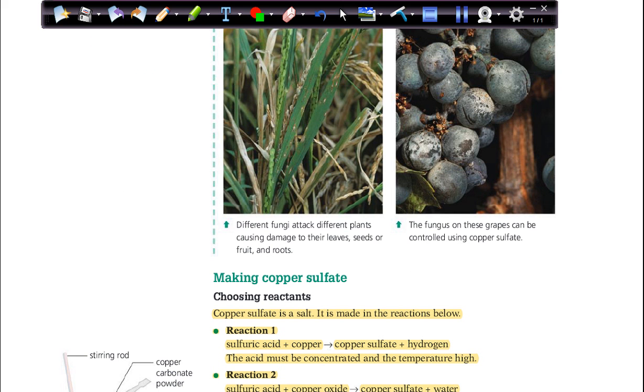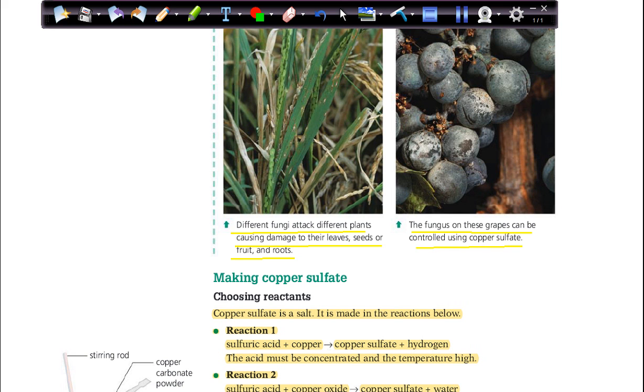Here in these two pictures we have leaves and fruits. Different fungi attack different plants, causing damage to their leaves, seeds, fruit and roots. The fungus on these grapes can be controlled using copper sulfate.